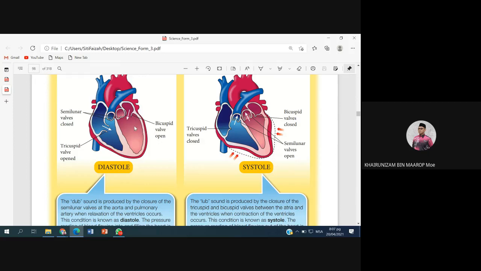Then the left ventricle pumps the blood through the aorta and delivers it to our body parts.